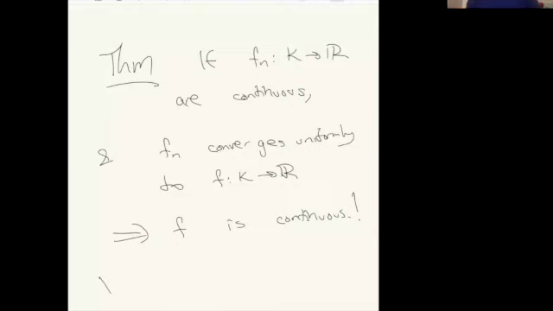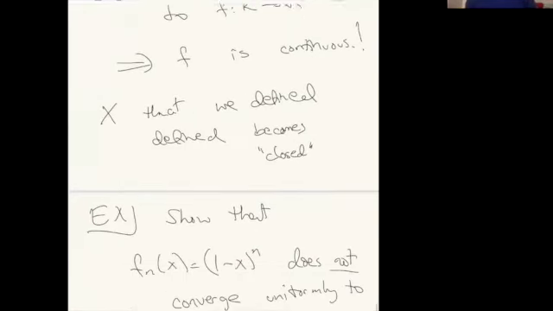So the space X that we defined becomes closed, in a sense, in the space of all functions. Strictly speaking, if you have X as your space, then the full space is always closed.